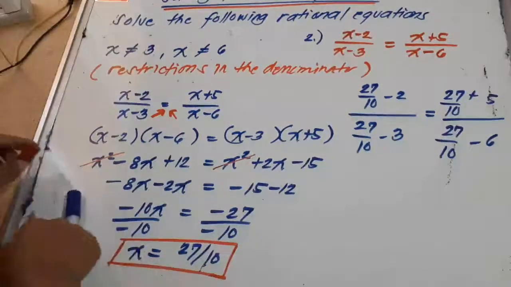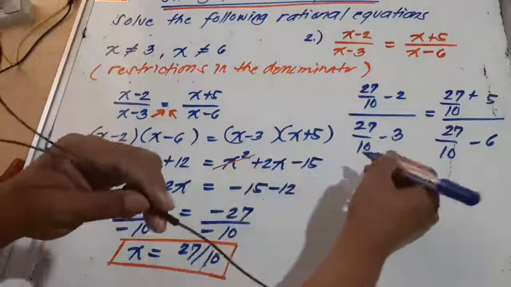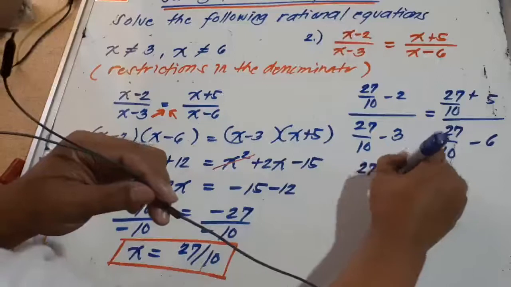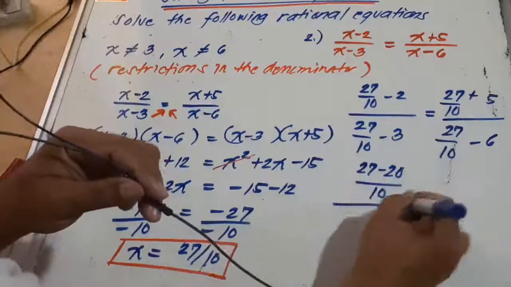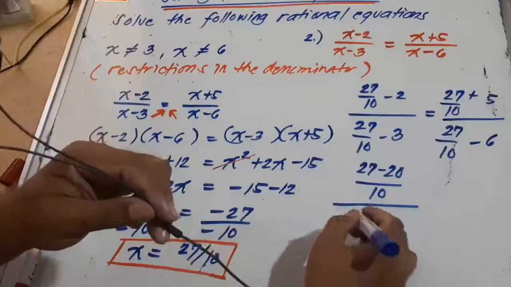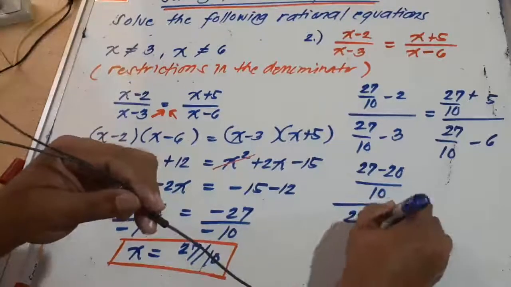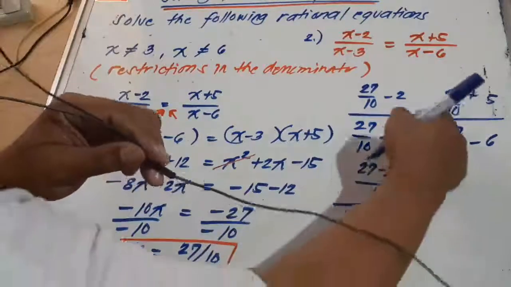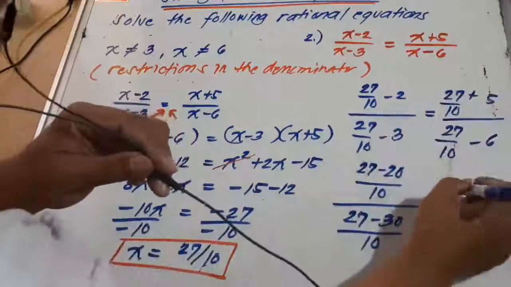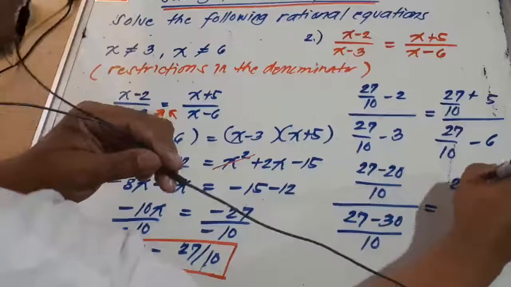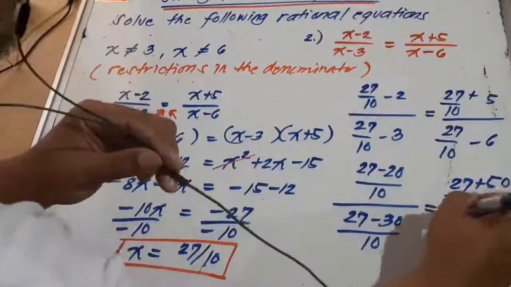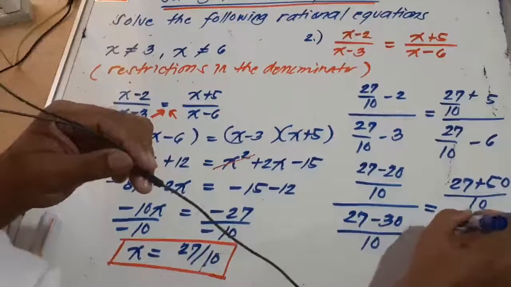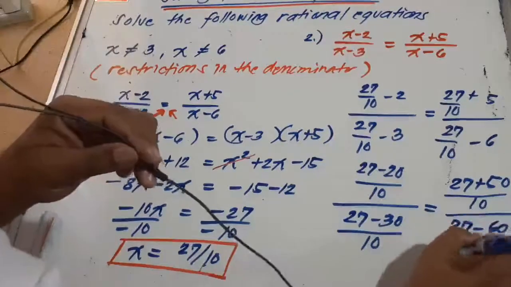Now, we have LCD on top is 10, so that will be 27 minus 20 over 10. Sa ilalim, 10 times negative 3 is negative 30, so that is 27 minus 30 over 10 equals, right side, we have 10 times 5 is 50 plus 27, that will be 27 plus 50 all over 10 equals 10 times negative 6 is negative 60, 27 minus 60 over 10.